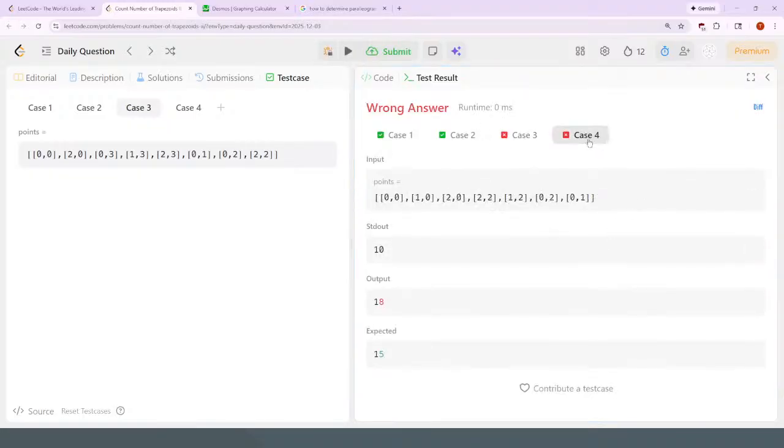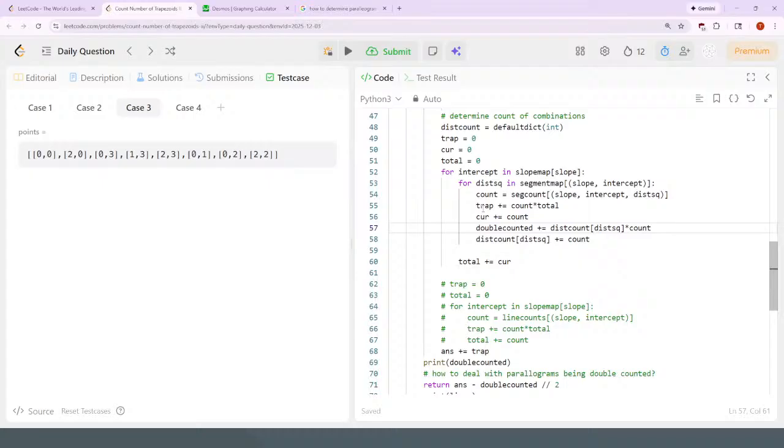Okay, well, slightly better, but still not correct. Distance count for this distance squared. Total increments, but every intercept.